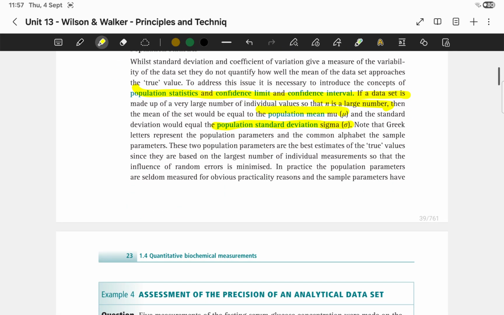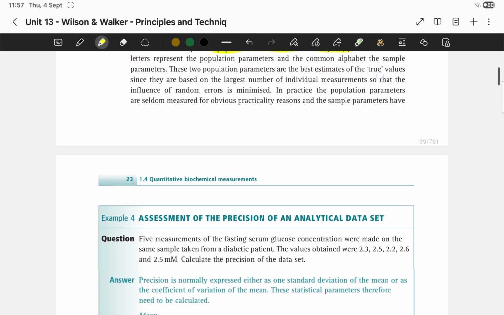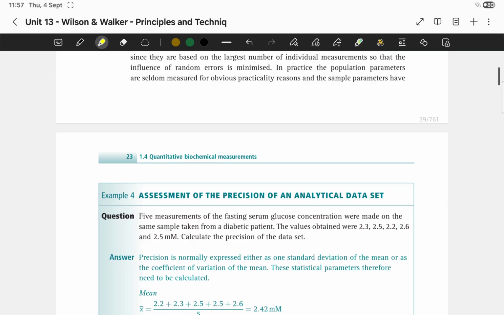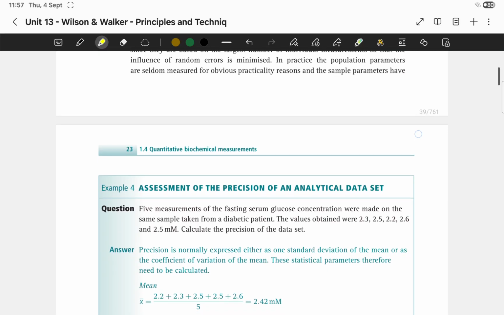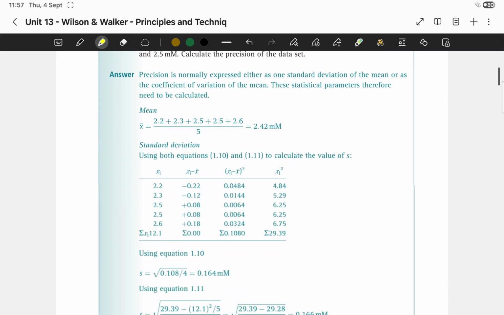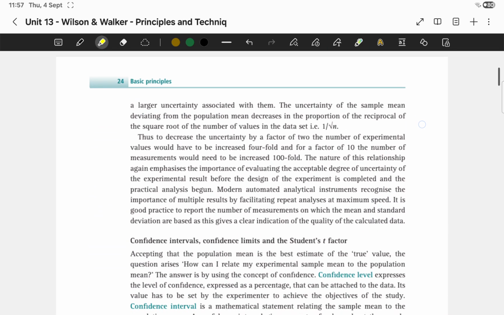In practice, the population parameters are seldom measured for obvious practicality reasons, and the sample parameters have a large uncertainty associated with them. The uncertainty of the sample mean deviating from the population mean decreases in proportion to the reciprocal of the square root of the number of values in the set.